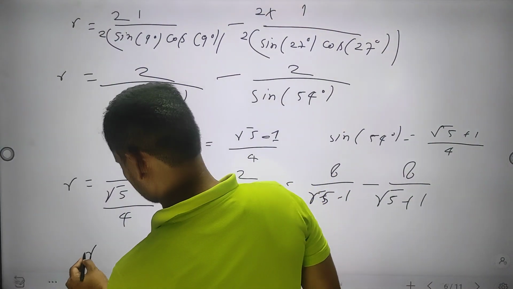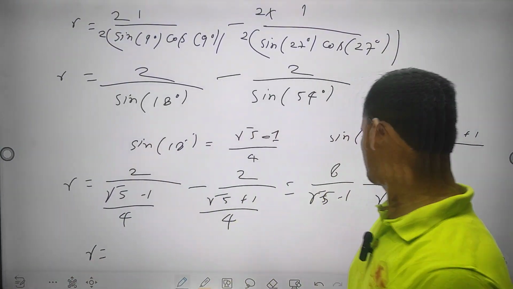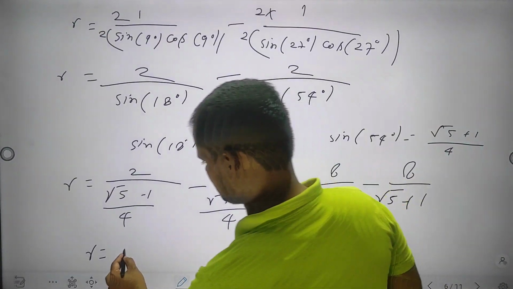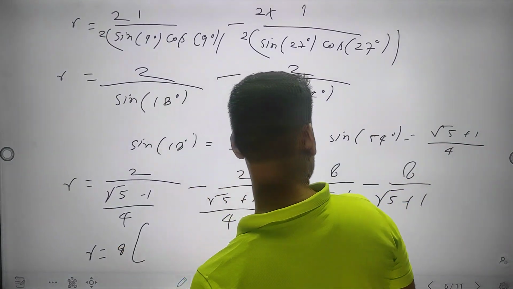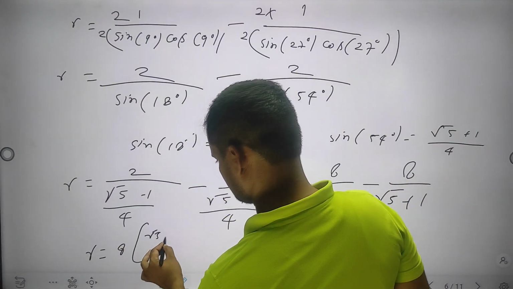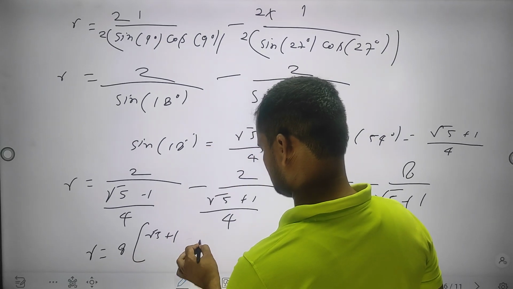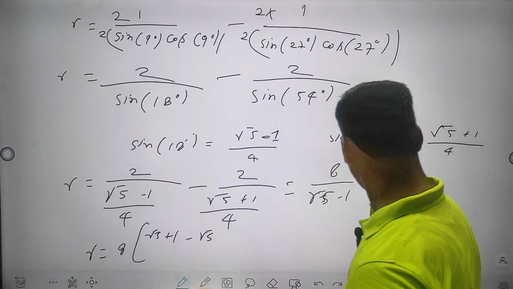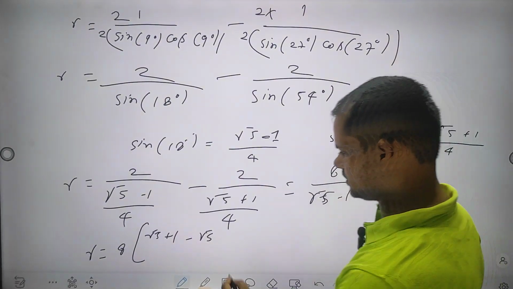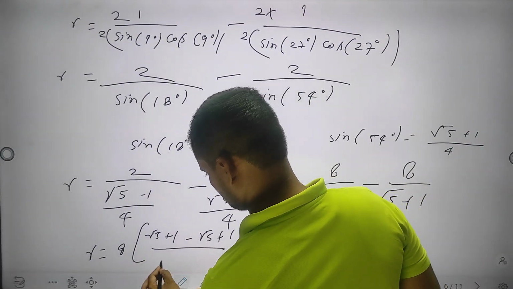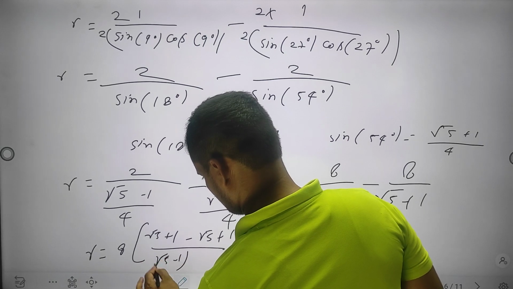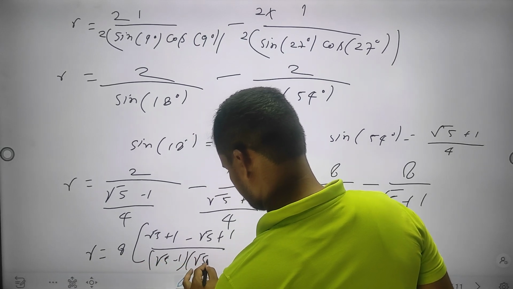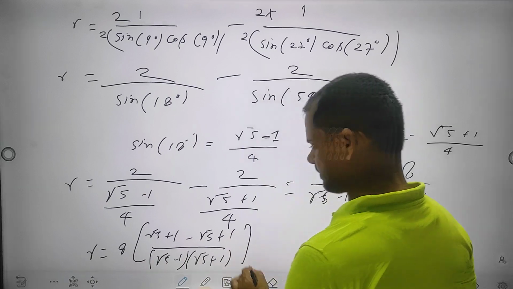Then r equals 8 into, taking LCM, root 5 plus 1 minus root 5 plus 1 upon root 5 minus 1 into root 5 plus 1.